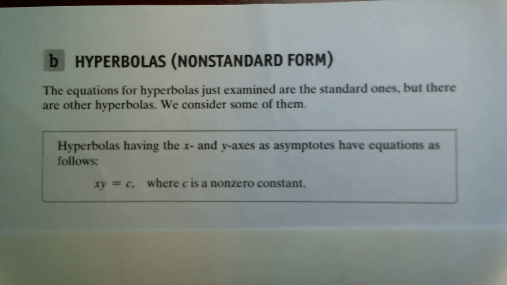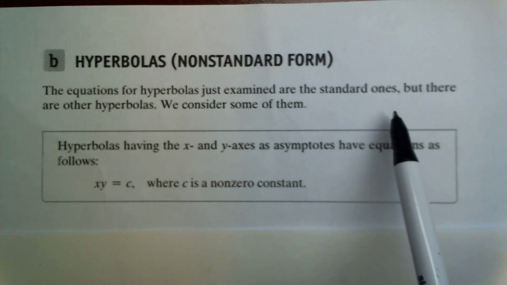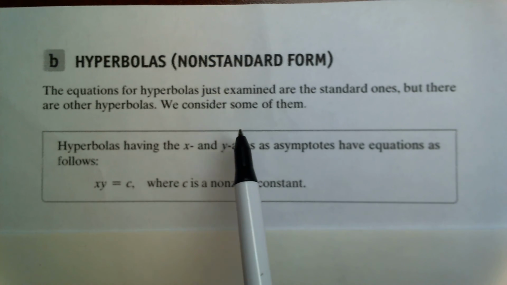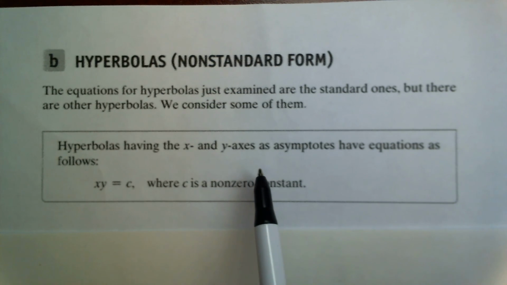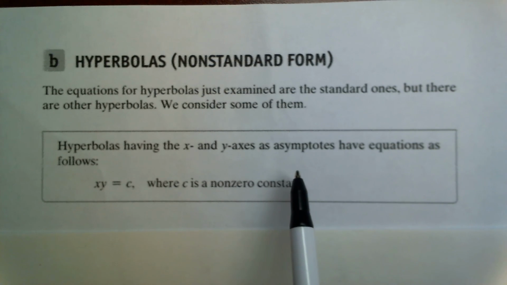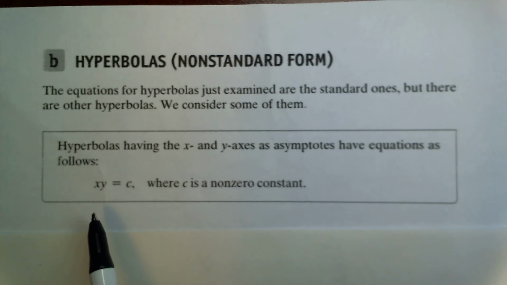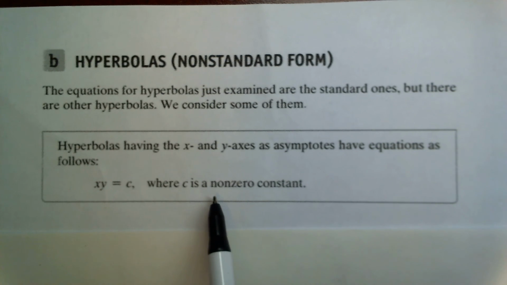All of the equations we've examined for the hyperbolas are in standard form. But there are other hyperbolas, and one of them is this. Hyperbolas having the x- and y-axes as asymptotes, in other words, the vertical and horizontal axes as asymptotes, have equations as follows: y times x equals c, where c is a non-zero constant.